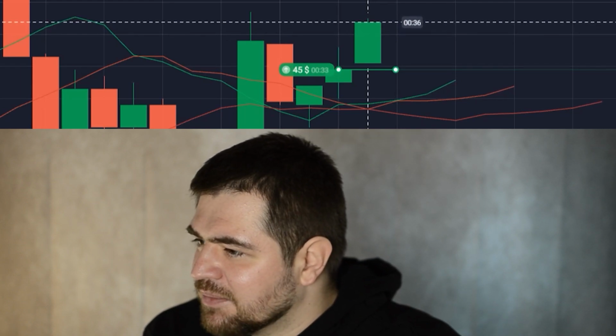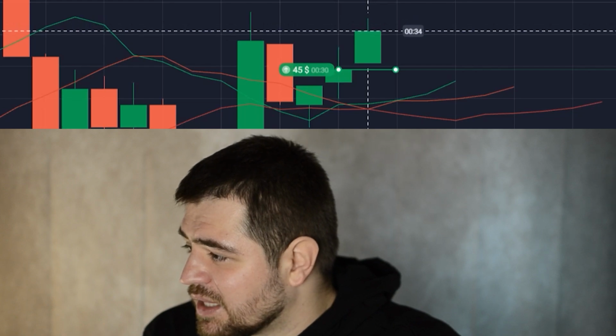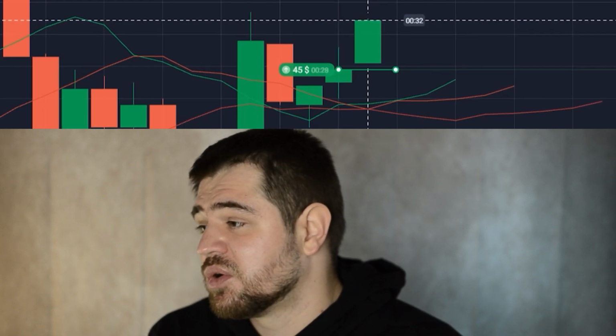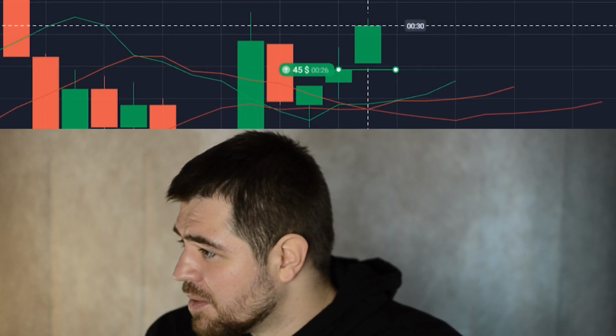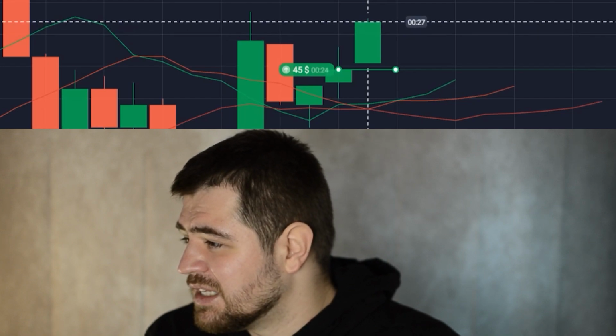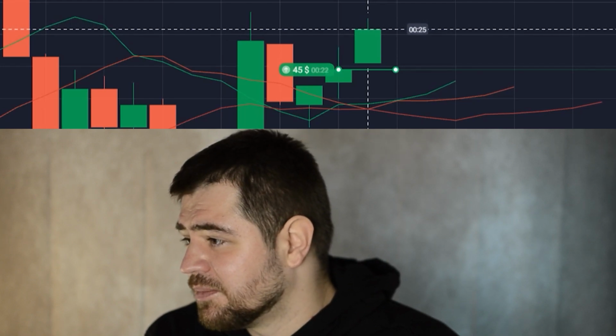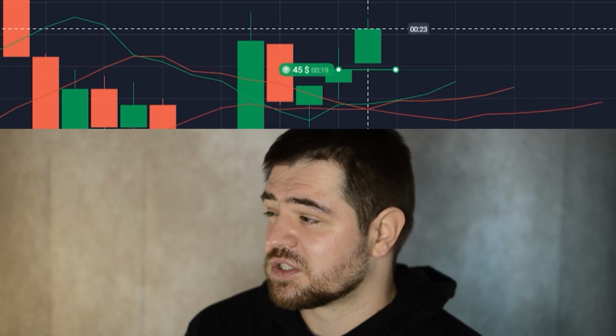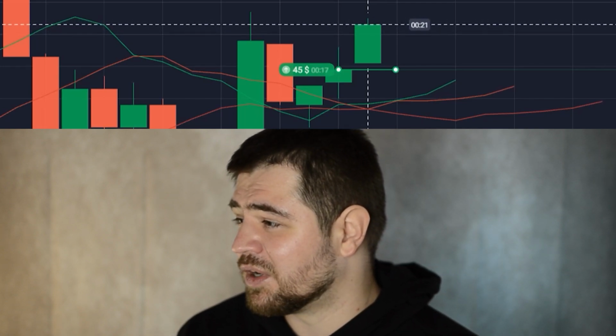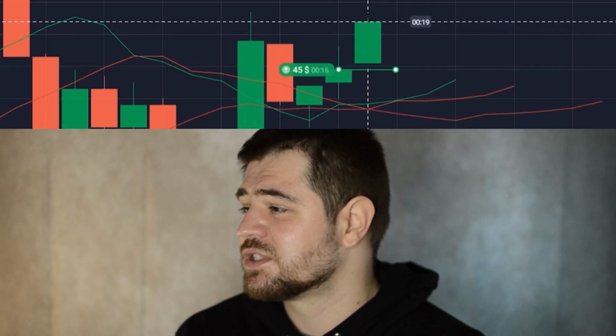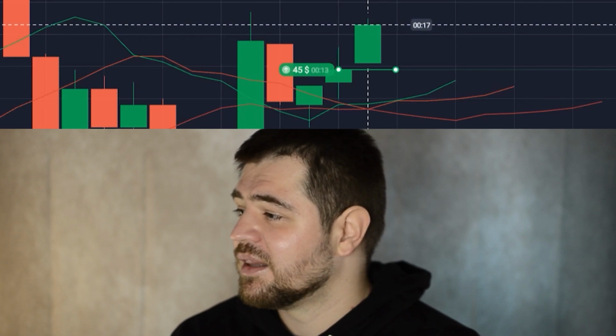RSI doesn't show us a lot of the growth, but there is definitely a bullish mood starting, and right now we are trying to break these levels, and hopefully it works out.